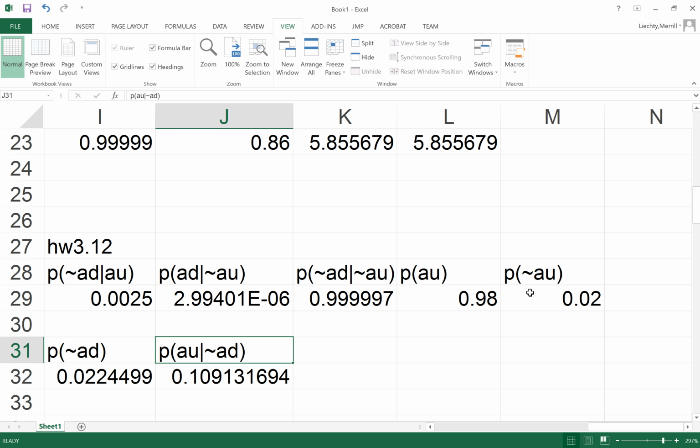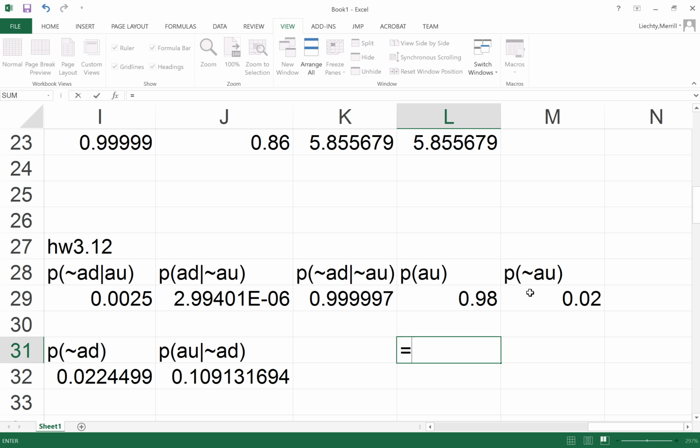Okay, so how could we think about this? If we had 1 million people show up, of those 1 million people, how many are authorized? 98%, right? So we have 1 million times 0.98. That's 980,000 people that are authorized. Of those 980,000 people, how many are going to be not admitted?